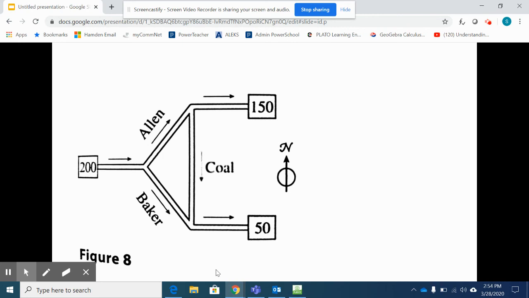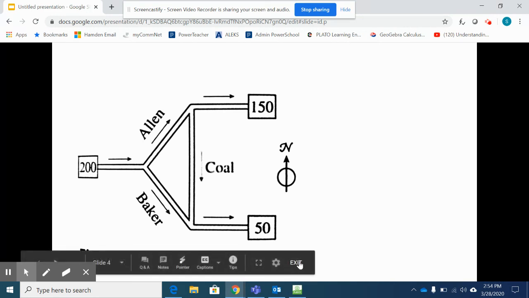Okay. As you can see, we have our roads conveniently labeled Allen, Baker, and Cole for A, B, and C. We can use A, B, and C, or we can use X, Y, and Z. All right, let's define our variables right now.